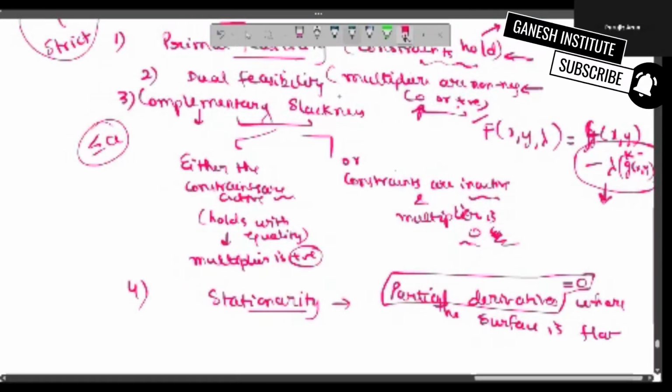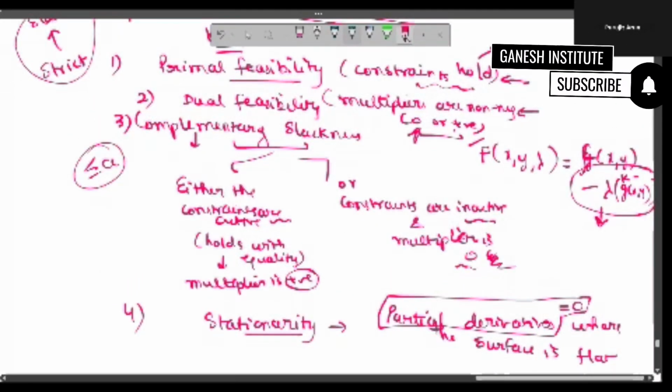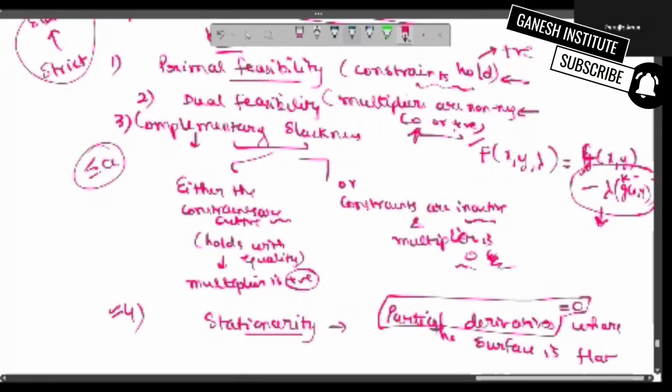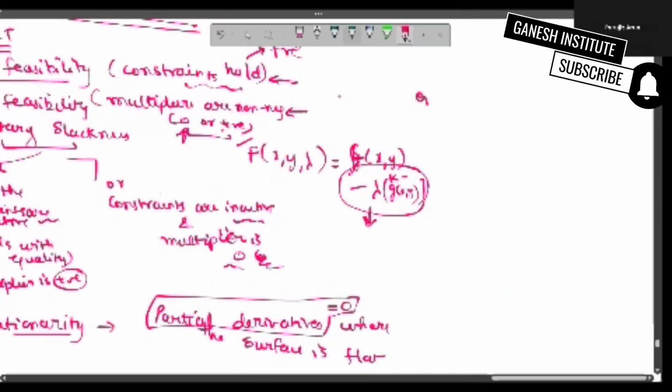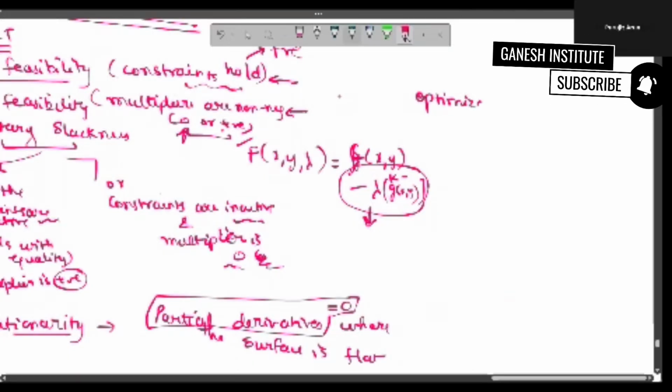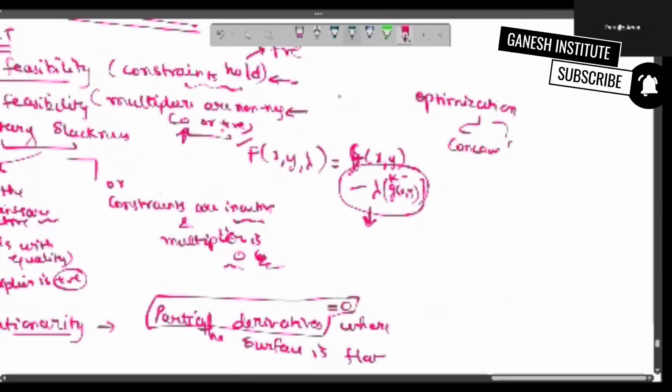For example, these are the things. Firstly, you will have the function. You will check the optimization, whether the function is concave or convex.